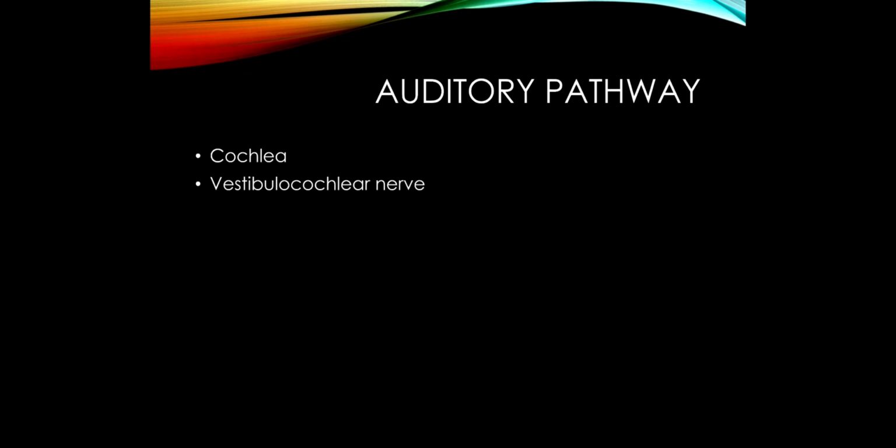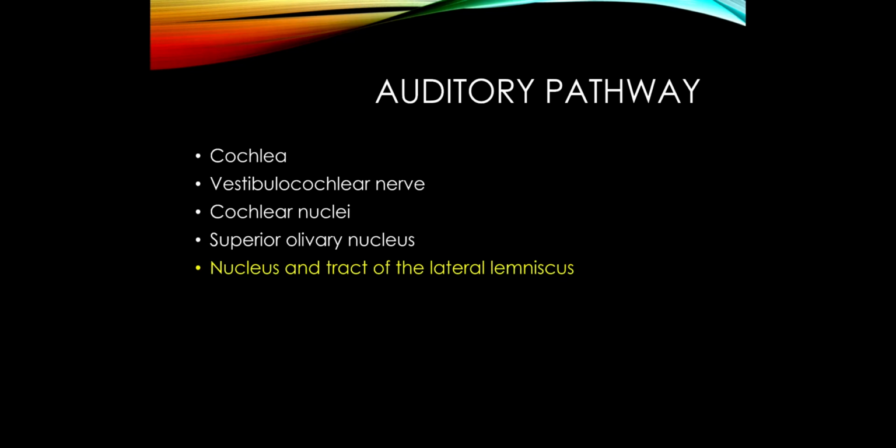So, of course, we have the cochlea, the eighth nerve, which we've pointed out, and the cochlear nuclei that enter into the dorsal medulla and lower pons, which we've shown you. The superior olivary nucleus is one that I need to go back and point out. Then we have the nucleus and tract of the lateral lemniscus.